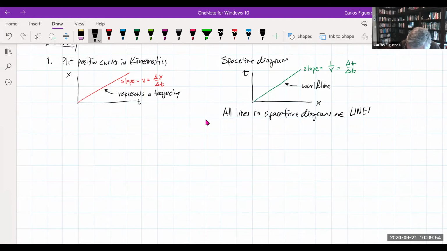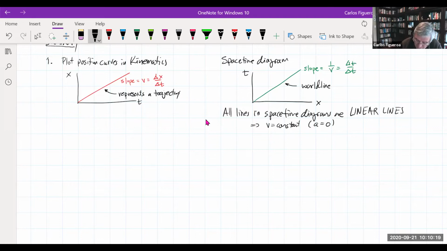Why are they linear lines? Because there's no acceleration. This implies that v is always a constant, which of course means acceleration is 0. That's the definition of space-time, right? All lines are linear in nature here.